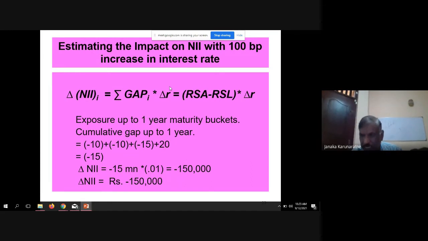If you operate in an environment of very low interest rates and you can mobilize longer term deposits, you always have a positive impact, because your repricing need not happen immediately.